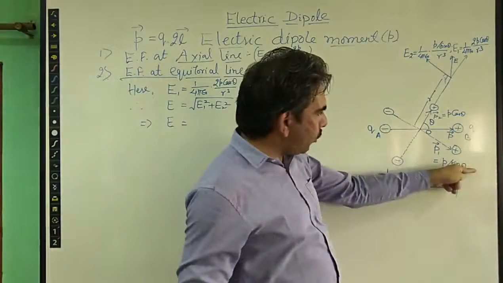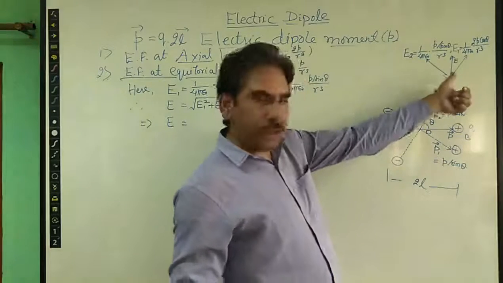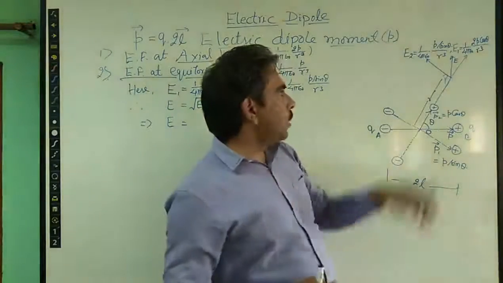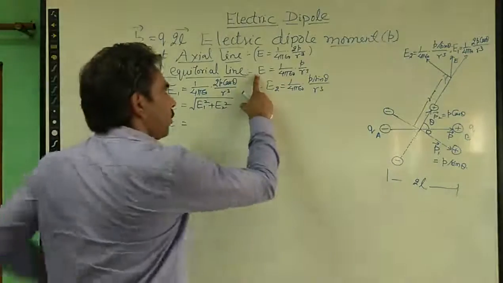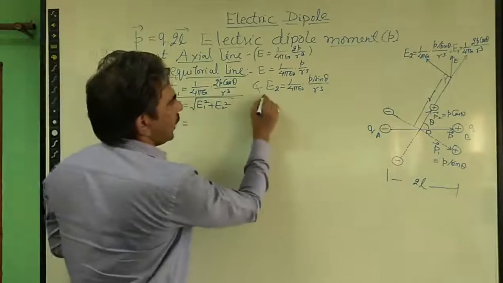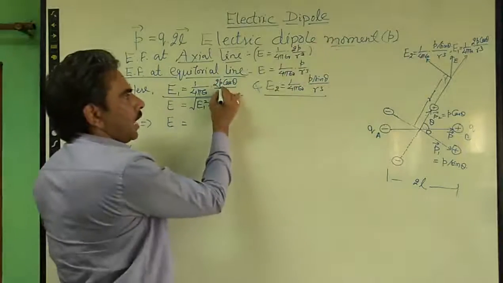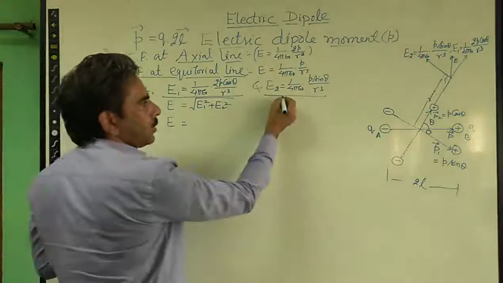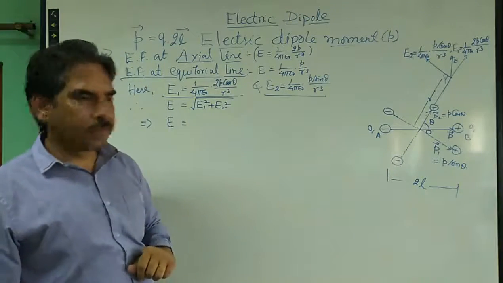So if this is the dipole moment P sin theta, the electric field due to it will be opposite to the dipole moment, which I am writing as E2, using the same formula as in our previous expression. So I am writing E1 as this expression and E2 as this. In case of E1 the dipole moment is P cos theta, and in the other case it is P sin theta.